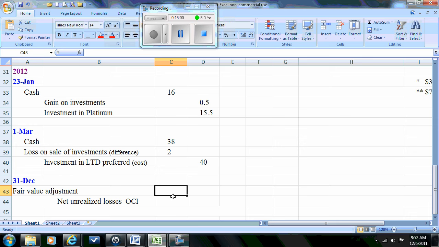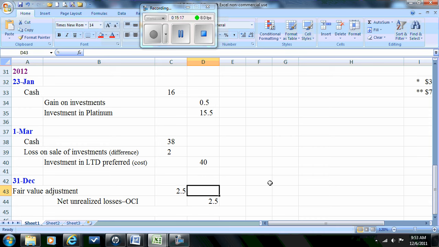So our reclassification entry will reduce down the fair value adjustment by the 2.5 we determined, and we will reverse out the unrealized OCI loss also for 2.5.